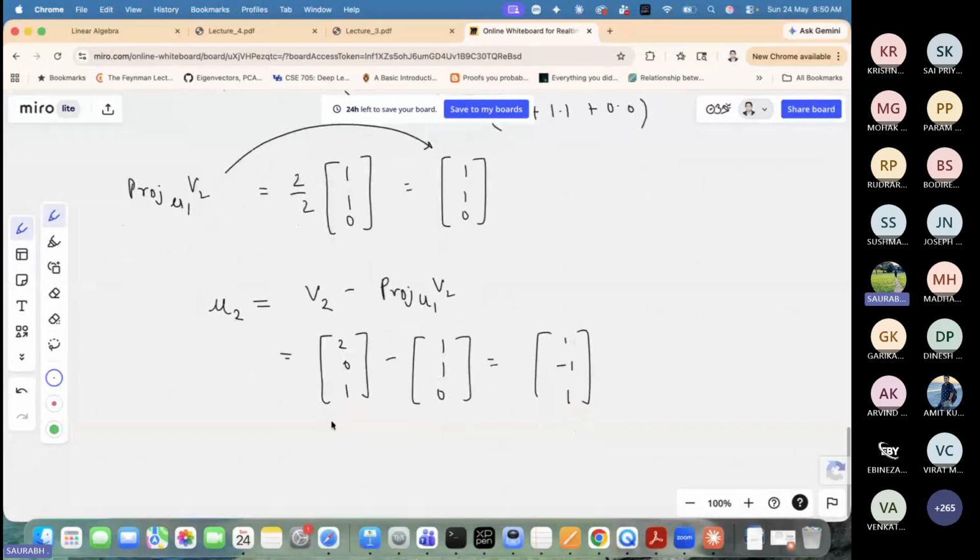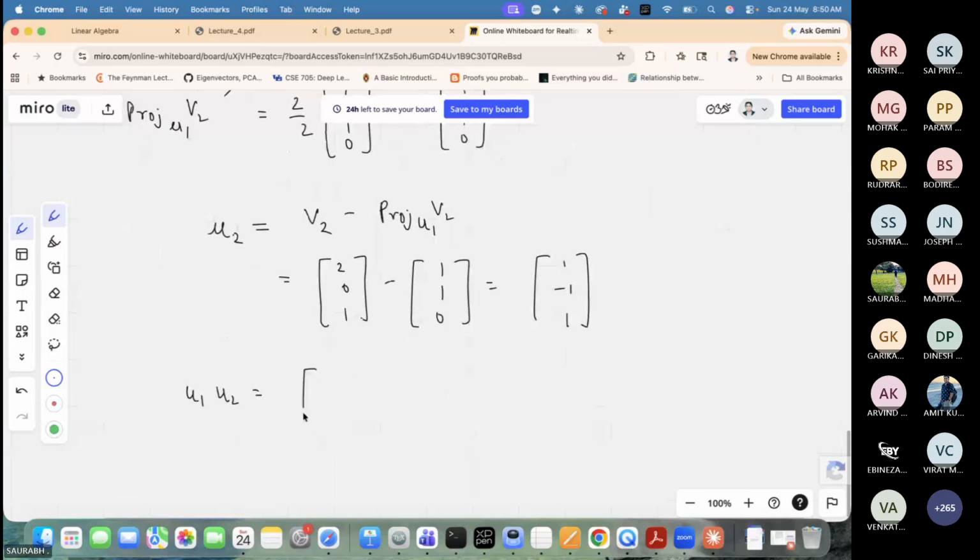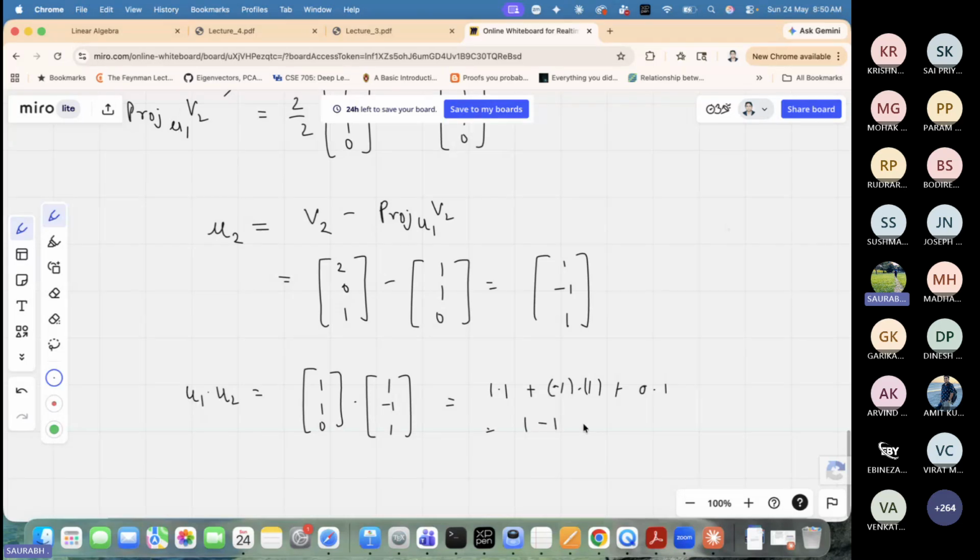Now, just to cross-verify, are they perpendicular or not? You can simply do U1 dot U2. The U1 vector was 1, 1, 0, and the U2 vector is 1, minus 1, 1. When you do the dot product, it would be 1 times 1 plus minus 1 times 1 plus 0 times 1, which is 1 minus 1, equal to 0.